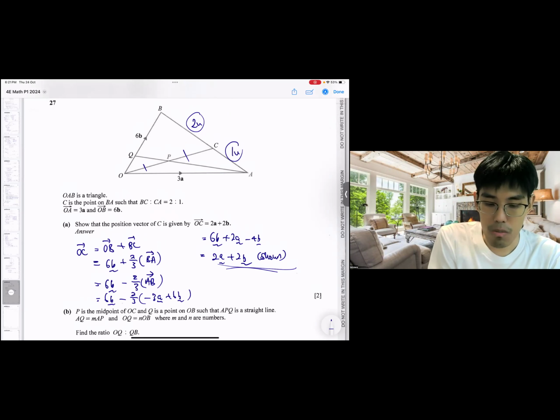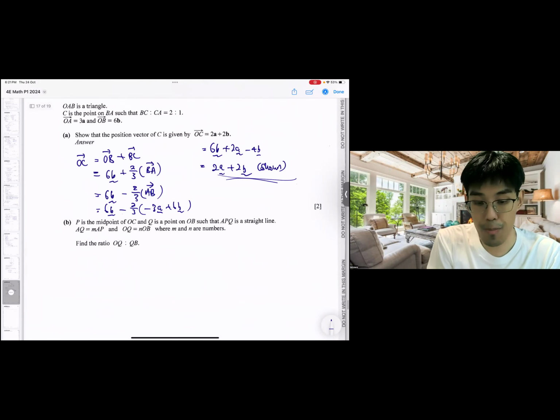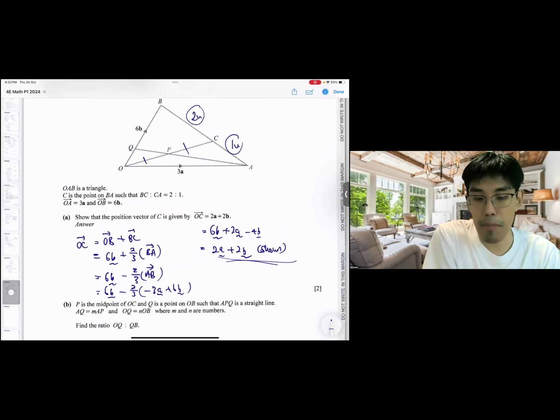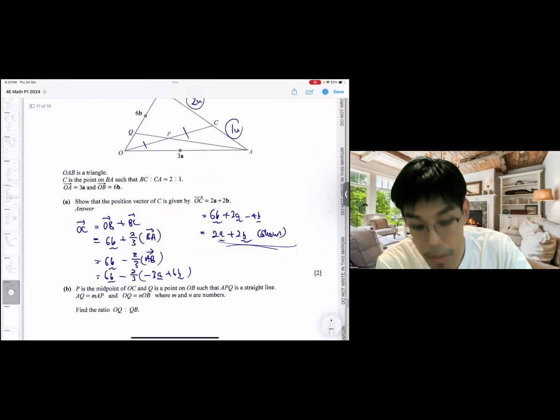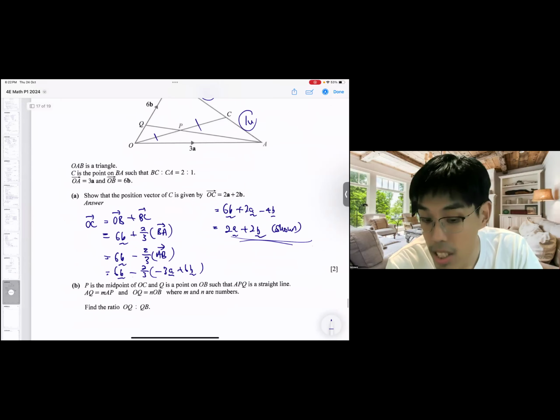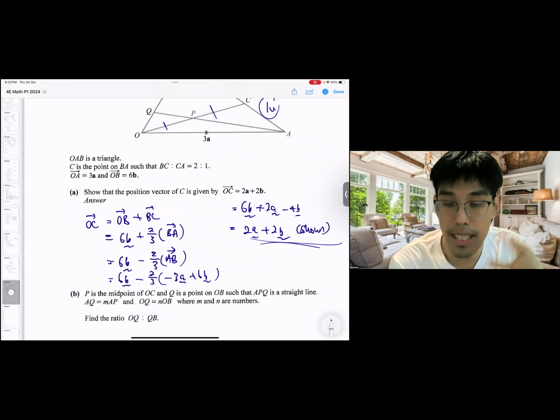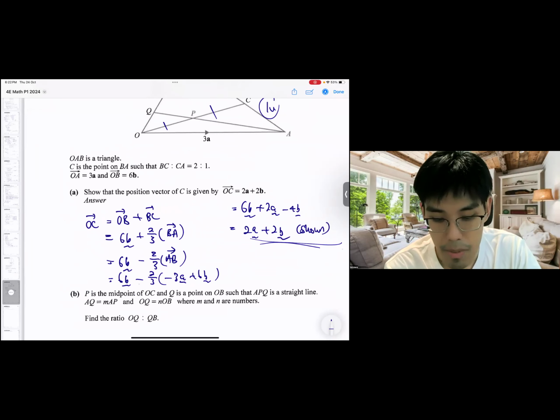Find the ratio of OQ to QB, where m and n are numbers. That's a big question. But anyway, we can find OP. That's why we can find at least that. And then maybe we use some scalars to do it later on. Let's explore.